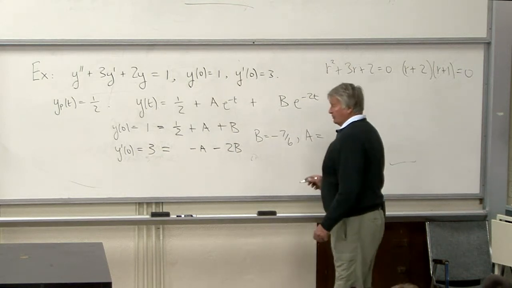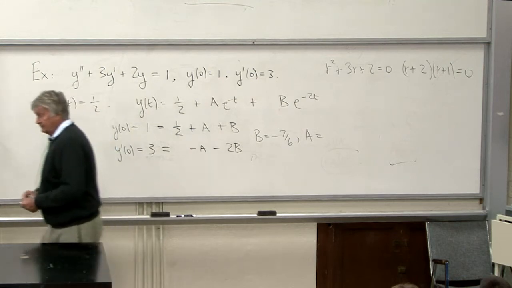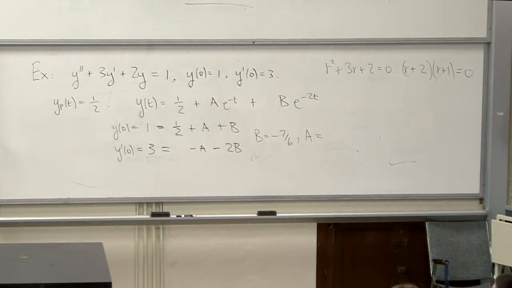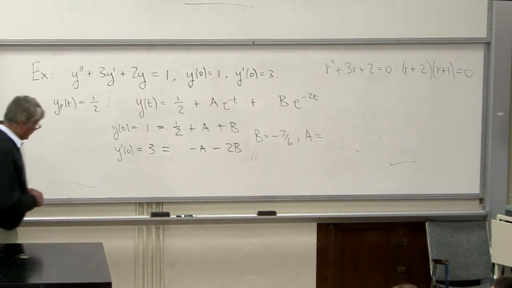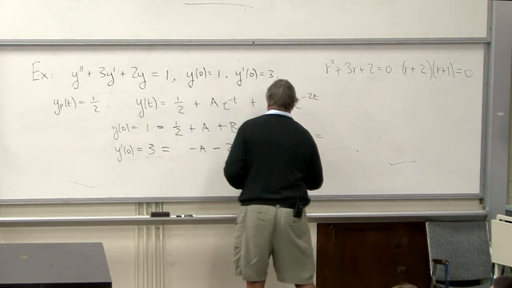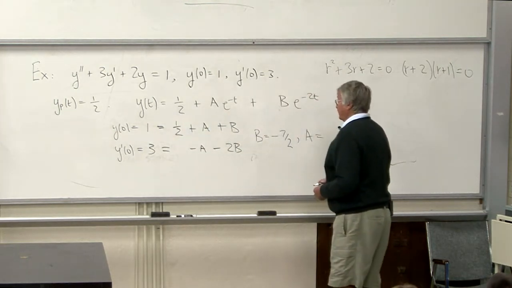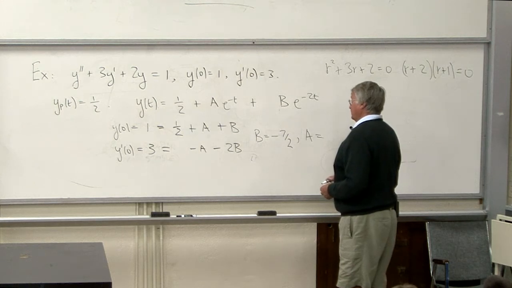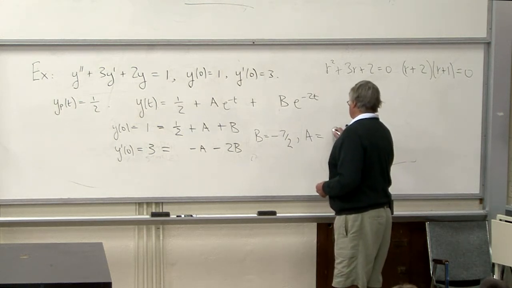I want a plus b to be a half. Let me see if I got those right first. B is minus 7 over 2 is correct. Yes, that's right. That's better. All right. And therefore A is what? 9 over 2.